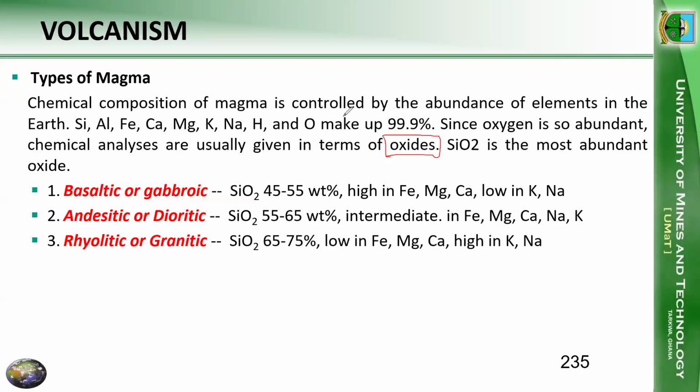With regards to the types of magma, we have three types depending on the silica content. So now focus. I'm going to use the silica contents, SiO2, to discuss different types of magmas and their behaviors.